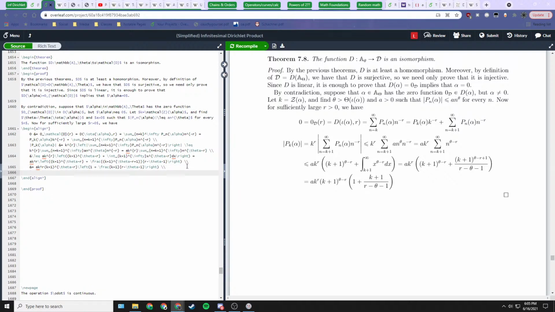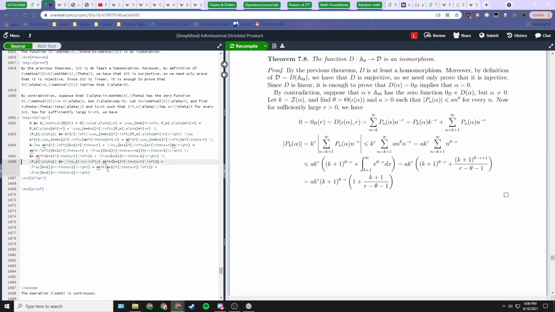Because p sub k of alpha is just a constant, this is a limit as r goes to infinity of this whole mess. When we do this limit, k is a constant, so this whole fraction tends to 0, which means this entire factor tends to 1. So we can just ignore that.